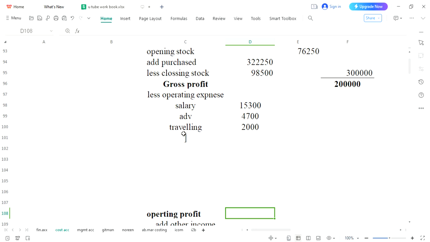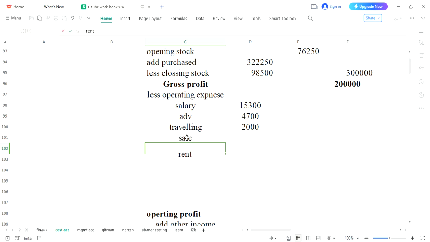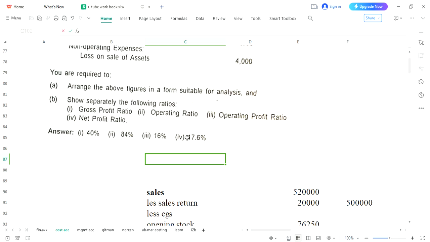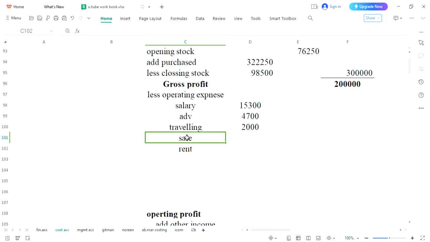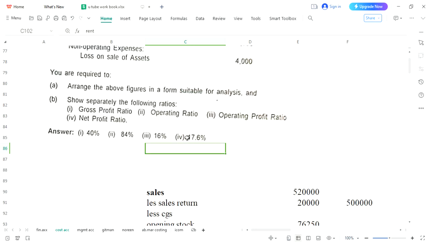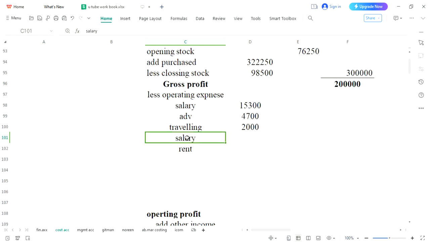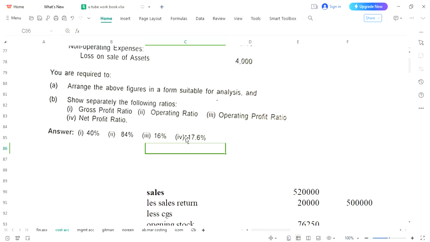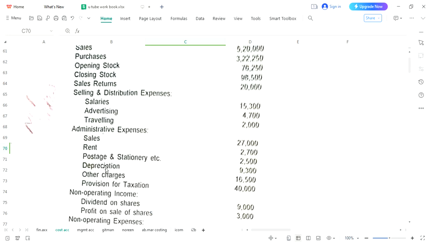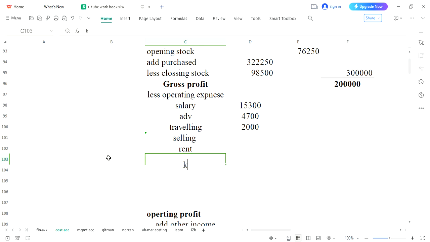So here you will write selling expenses, rent expenses, and then postage, then we have depreciation.